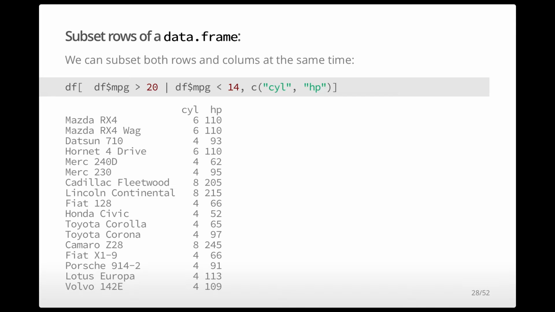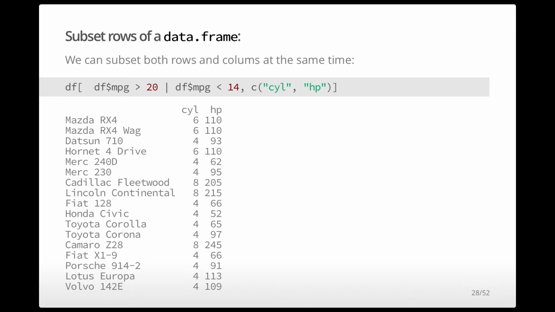Okay? Yeah. Can you create a condition that says, for instance, I want all of the values in the MPG column that are equal to 5, 10, 15, and several values? Yes. You don't use the equal sign for that. We'll talk about that.